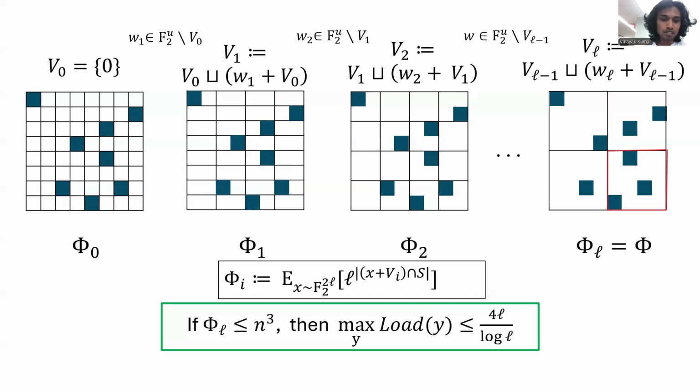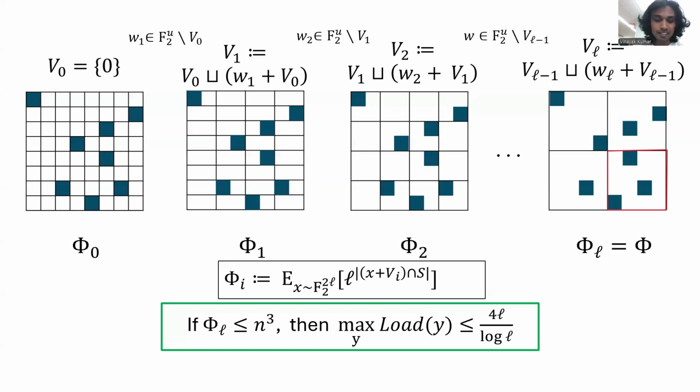I'm going to pick W1 to minimize the value of phi sub 1. I'll fix W1. I'll now pick W2 to minimize the value of phi sub 2. I'll then fix that. Then I'll pick W3 to minimize the quantity phi sub 3. I'll keep continuing this until I pick WL to minimize the value of phi sub L.